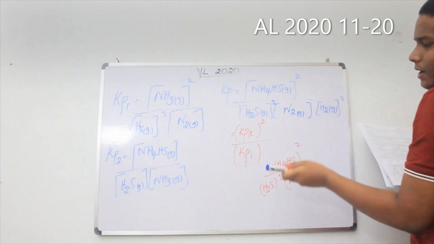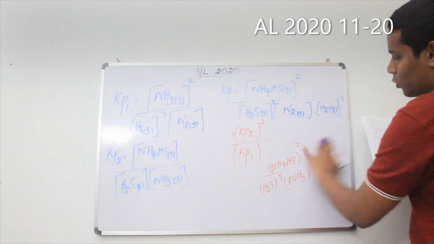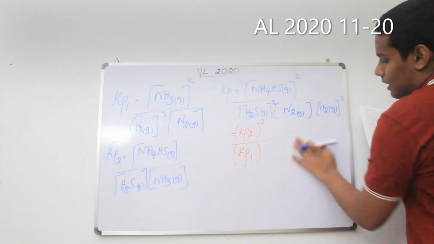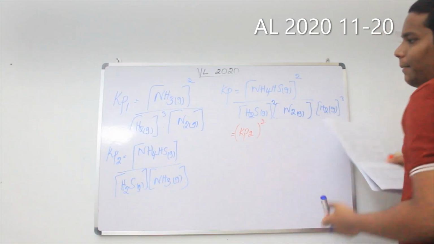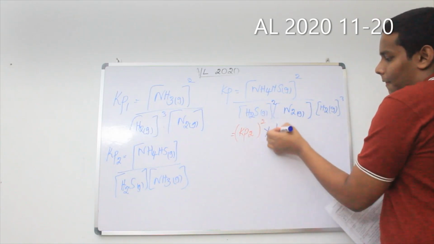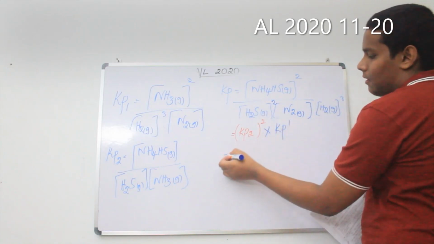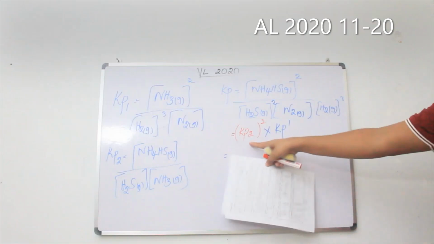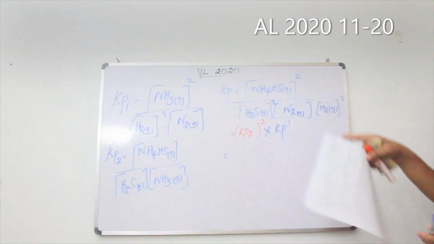Since H2 gas cube should come down, I multiply Kp2 squared by Kp1. Okay. Now, if you do this multiplication, you will end up with this Kp value.